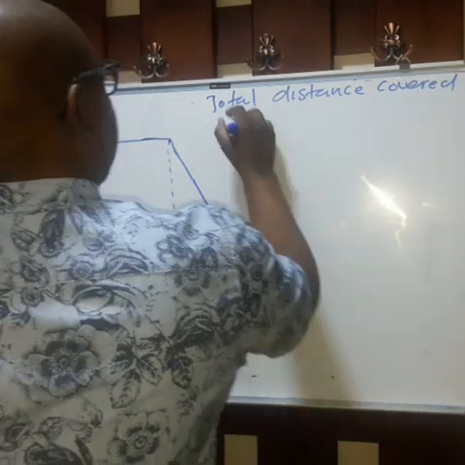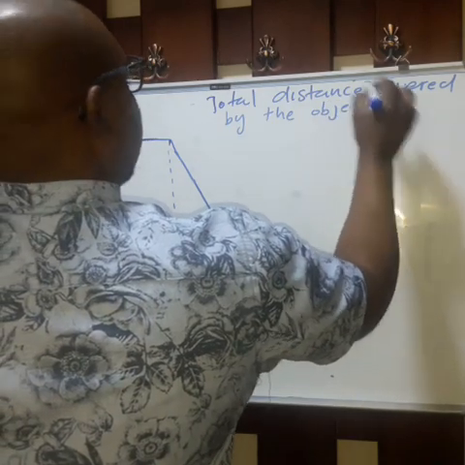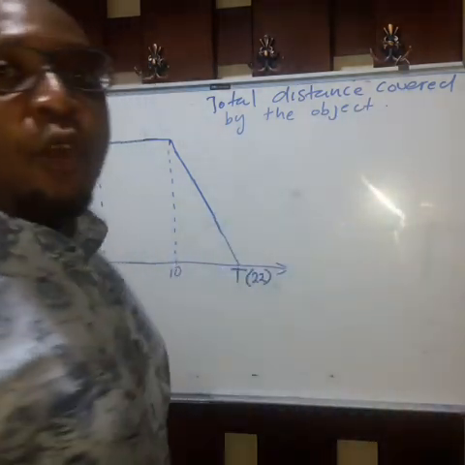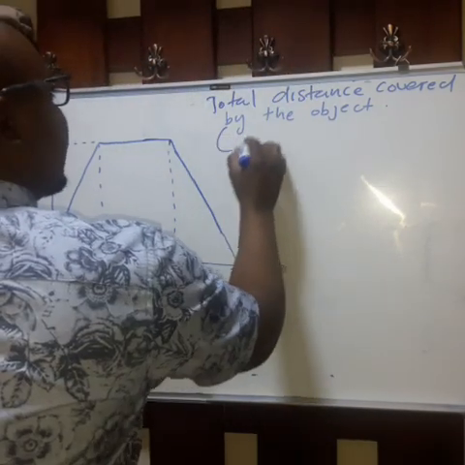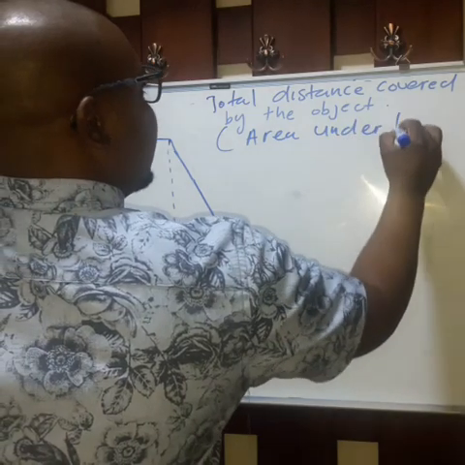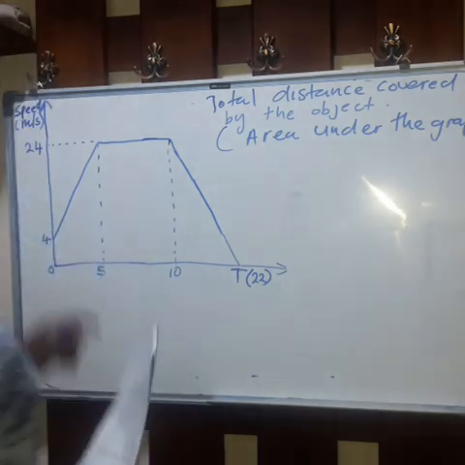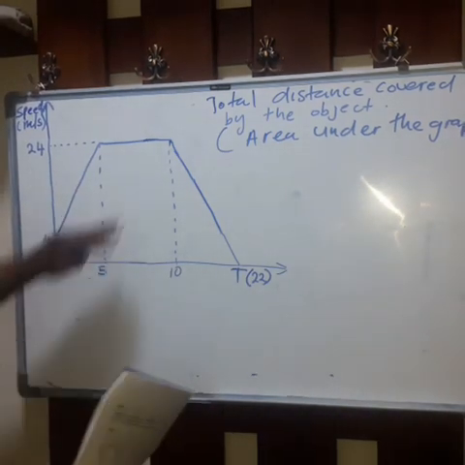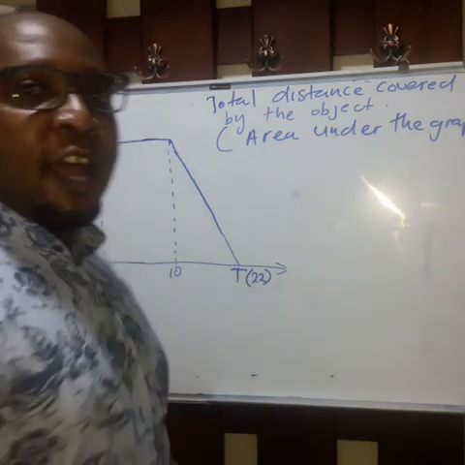How do we calculate that? It's area under the graph, okay? Area under the graph. So the area under this graph is a reflection of the total distance covered.